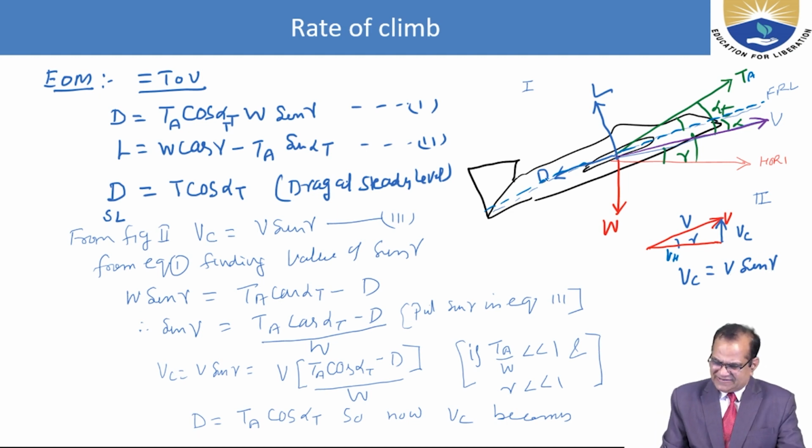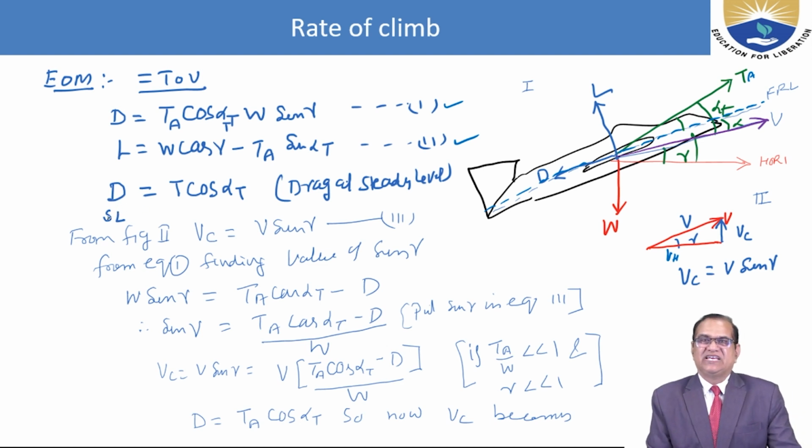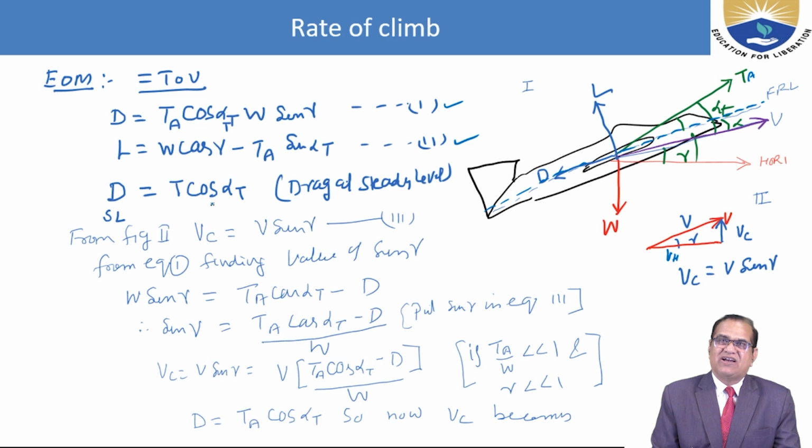Now we can see that drag is equal to TA cos alpha T minus W sine gamma, and lift is equal to L cos gamma minus TA sine alpha T. D for steady level flight is equal to T cos alpha T. From figure 2 we can see that VC is equal to V sine gamma.